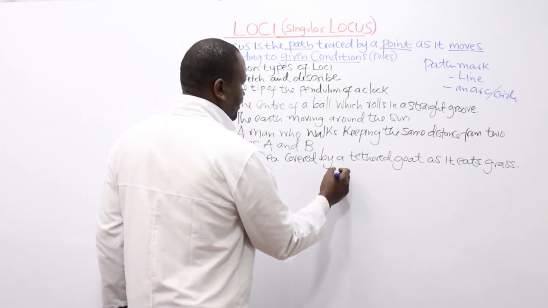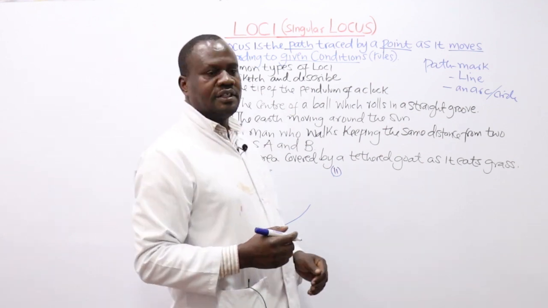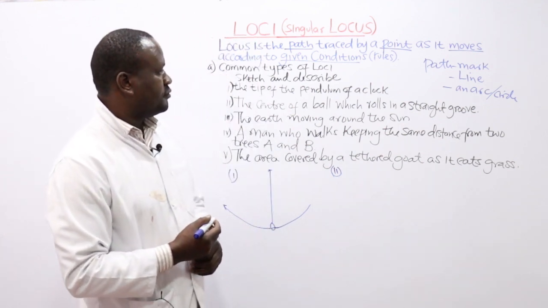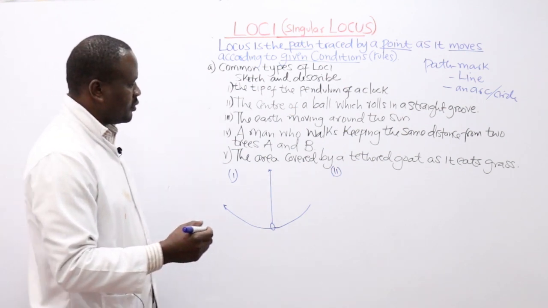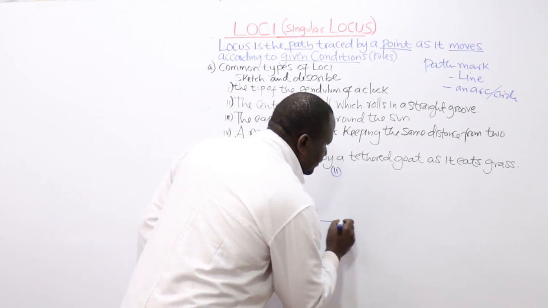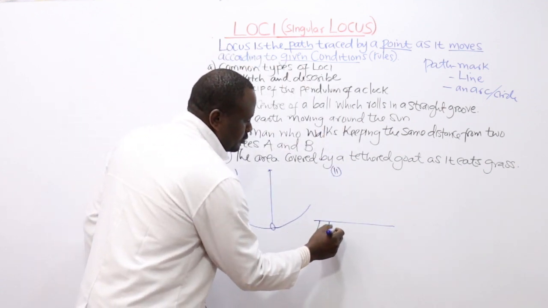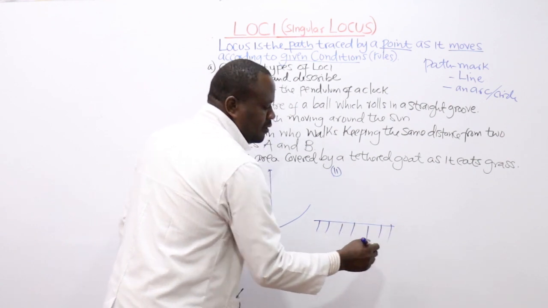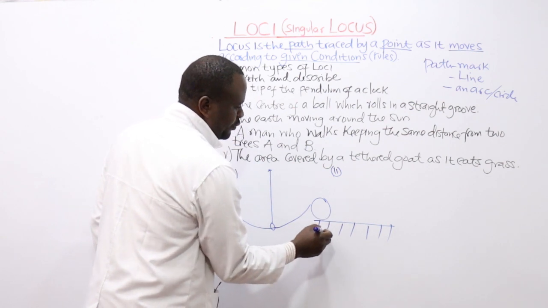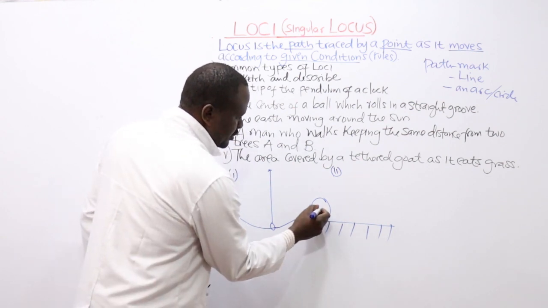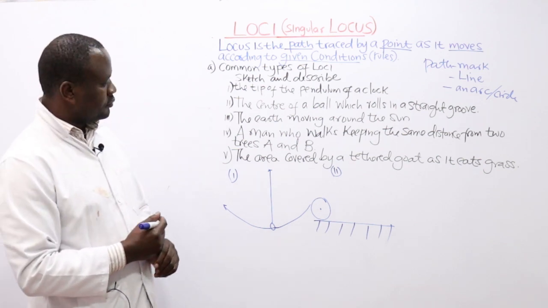What about part 2? The center of a ball which rolls in a straight line or groove. So, if this is the ground, how will the ball which is round move? This is the center of the ball. What will it form?